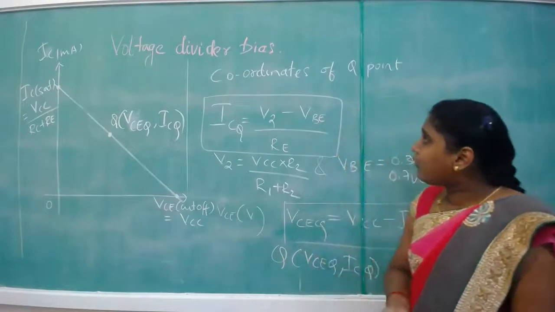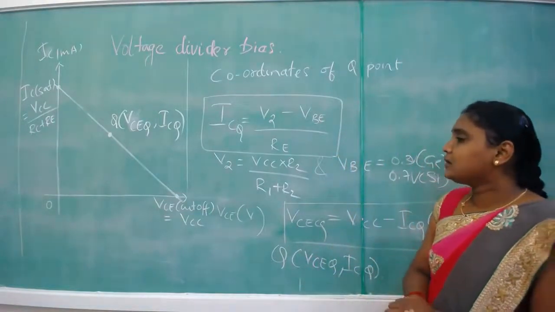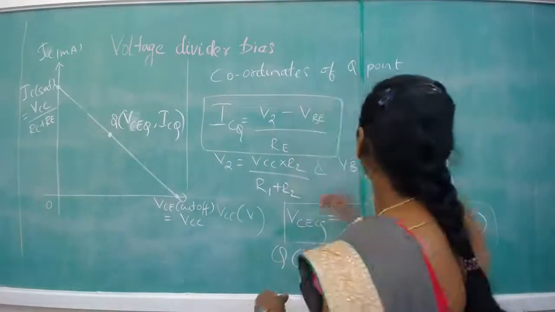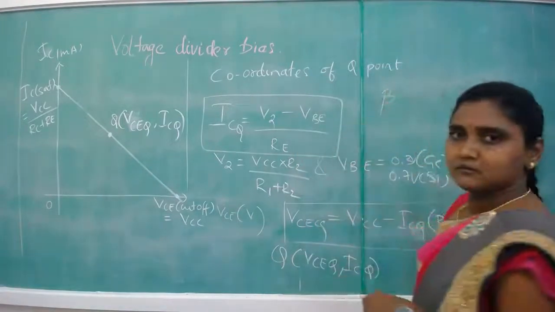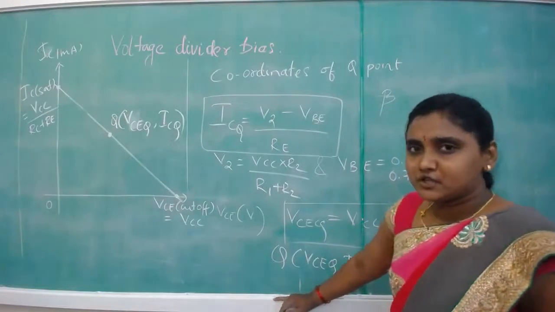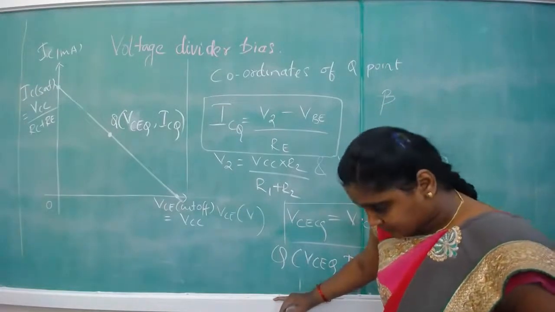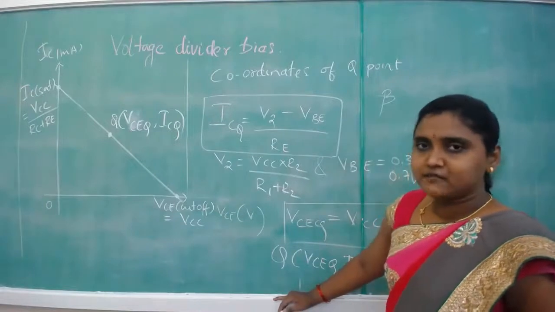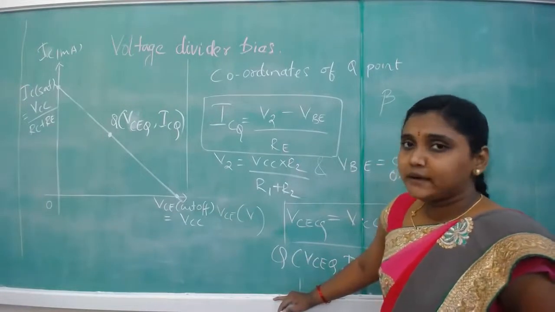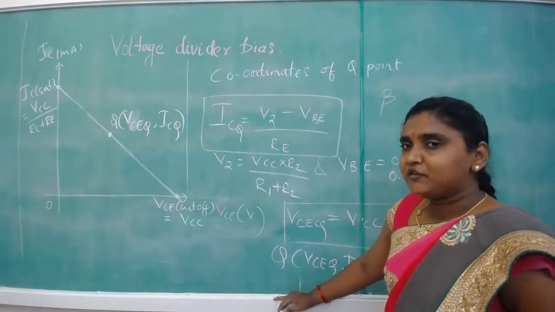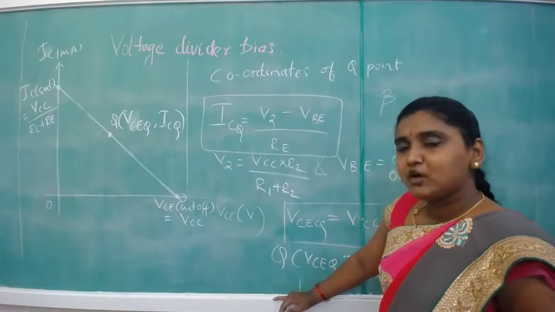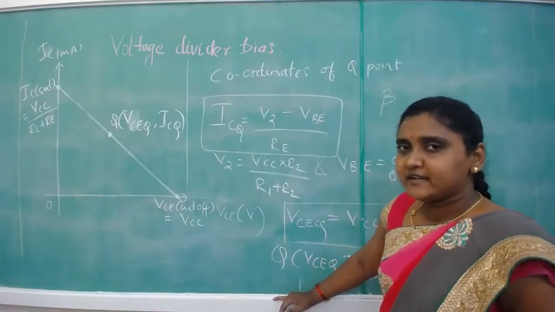So by doing all this, we have not at all come across the term beta, right? In the normal CE configuration, in the beginning of this class itself, we had solved one problem where IC was beta into IB. So that configuration depends on the value of beta, and beta is a constant value for a given transistor.